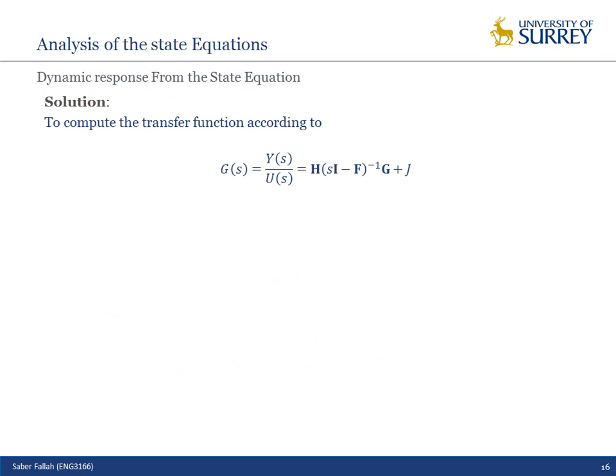First, I calculate the matrix sI minus F. I is the identity matrix, 2 by 2, multiplied by s. If you subtract F, you will get this 2 by 2 matrix. I need to find the inverse of this matrix. How can I find the inverse of a 2 by 2 matrix?